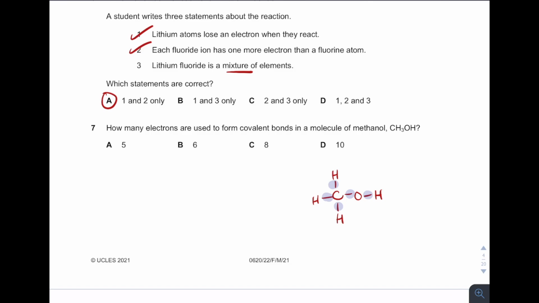How many single bonds are there here? 1, 2, 3, 4, 5. Five single bonds, and every single bond needs a pair of electrons, a total of 2 electrons. So eventually you need 10 electrons. So the answer is D.